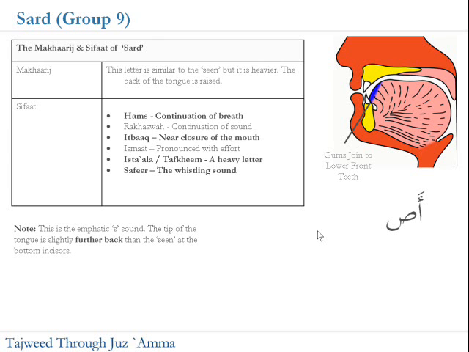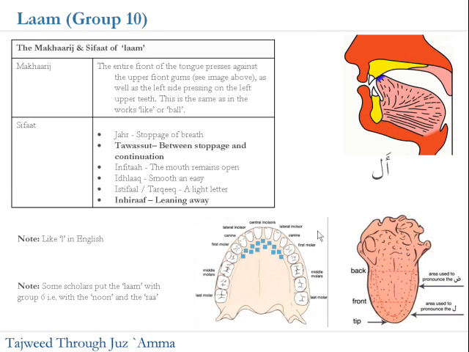And what happens is the back of the tongue raises, and here we have it written as as, as. And what happens, you have the near closure of the mouth, and there's continuation of the breath as well, and it's a heavy letter, plus we have the whistling. So it's as, as, and vowel it will be sa, si, su.